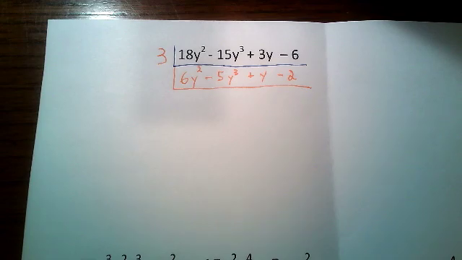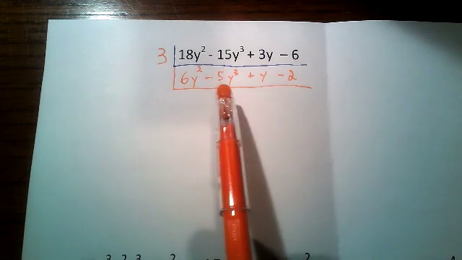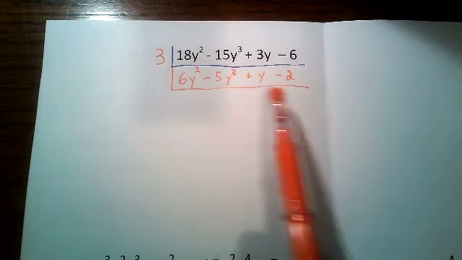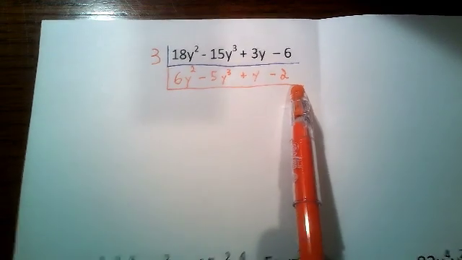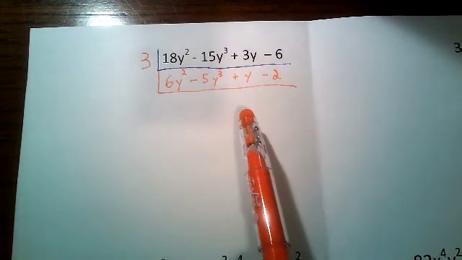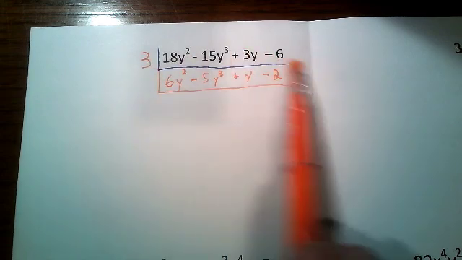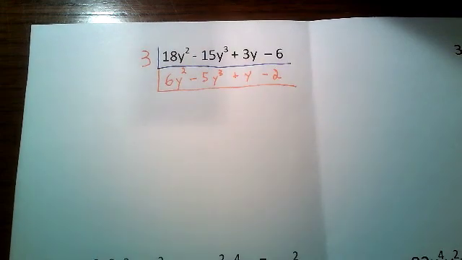And then look for a variable. Do they all have a variable that's common? Well, I see that this has a y, this has a y. There's no y here. So I can't pull out a y. So this is all that I can do for this one. So 3 is my greatest common factor.